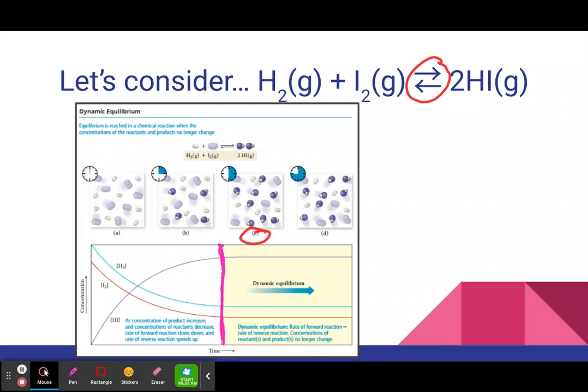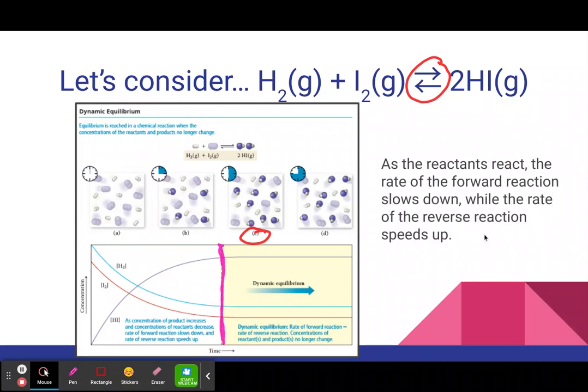So if we were to make a concluding statement here about what happened in this picture, we would say that as the reactants reacted, the rate of the forward reaction slows down while the rate of the reverse reaction speeds up. And of course, that would happen until dynamic equilibrium occurs, when the rate of the forward reaction is equal to the rate of the reverse reaction.